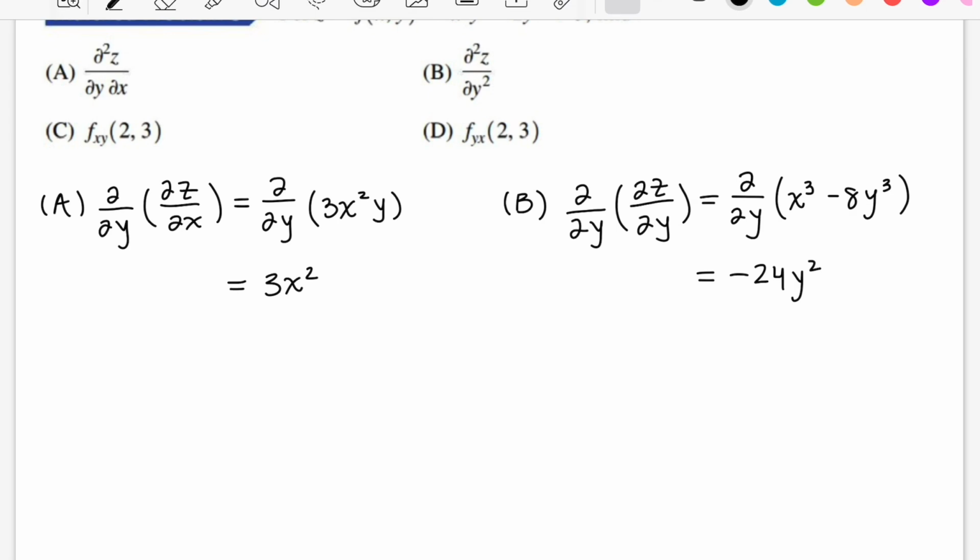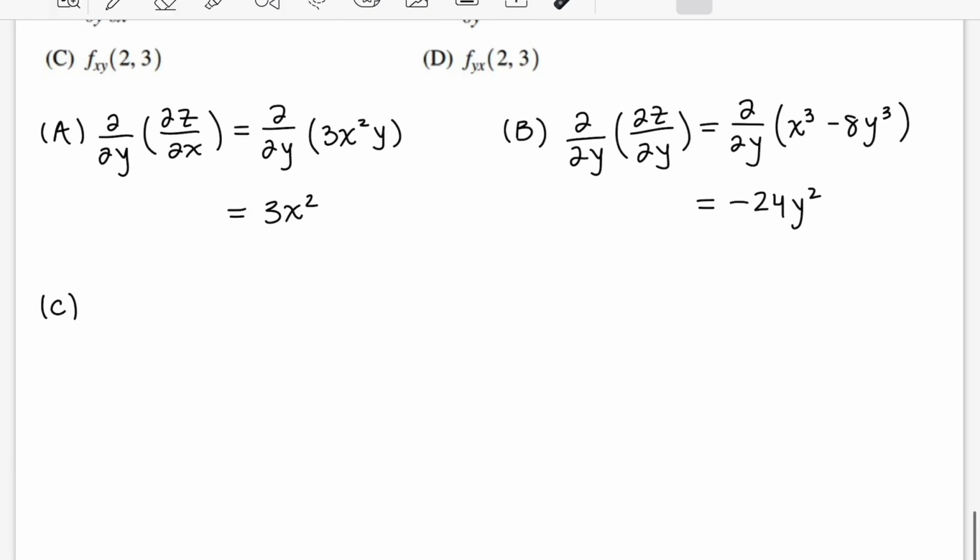All right, let's look at C now. We're using slightly different notation. We're going to take the second order partial derivative of this with respect to x, then y, and then evaluate that at 2 and 3. So first we'll find the second order partial derivatives.